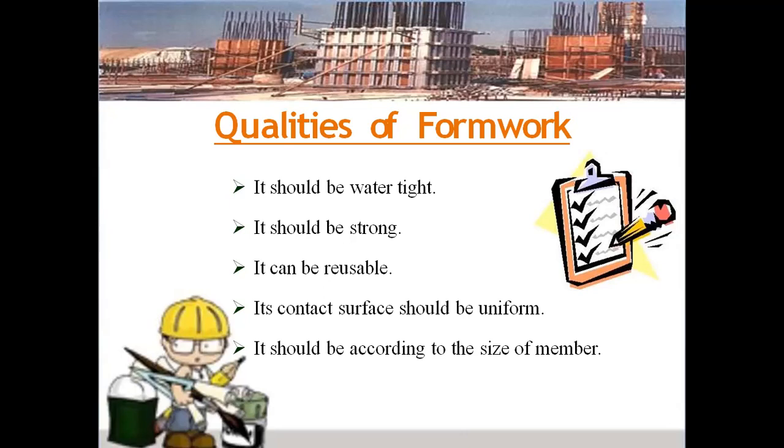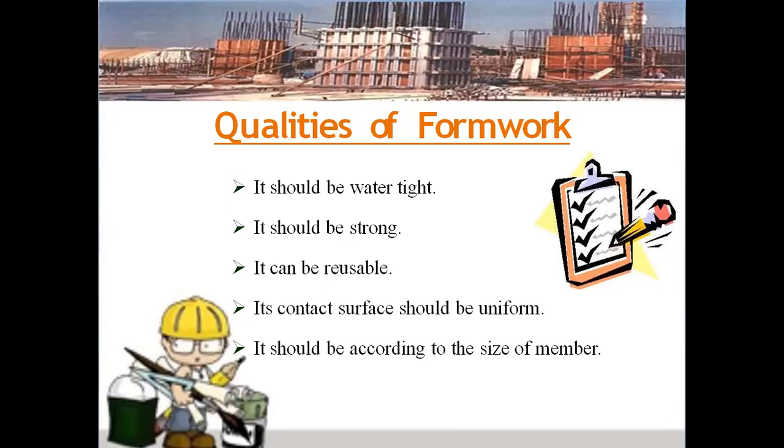So the major qualities of formwork: it should maintain water tightness. It must hold the water content present in the concrete. The formwork must act as a watertight material so that it is not pervious to the water present in the concrete.